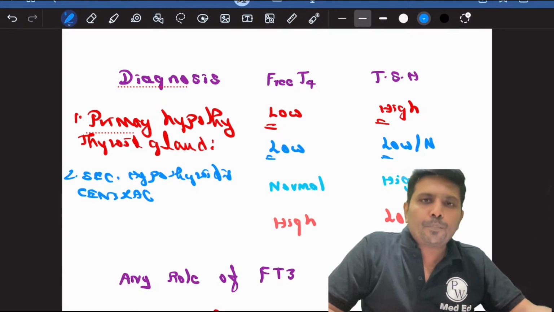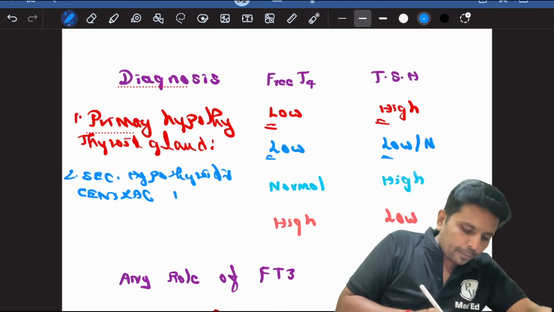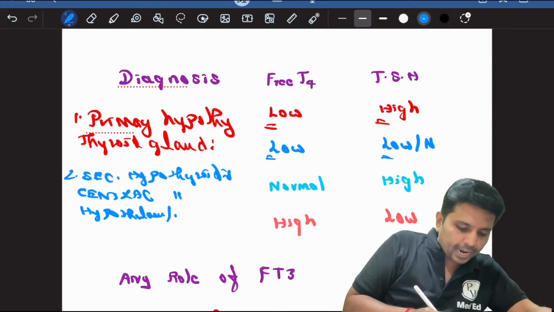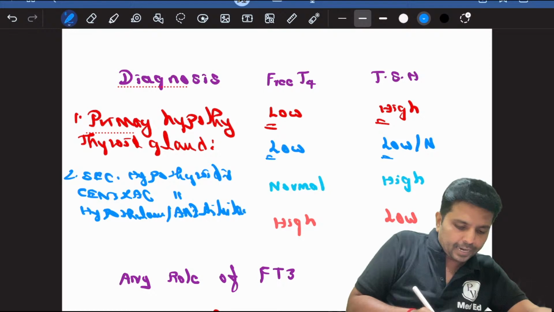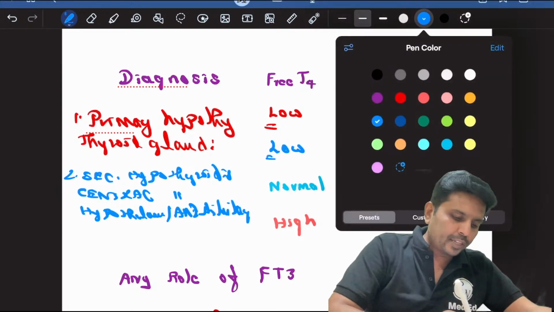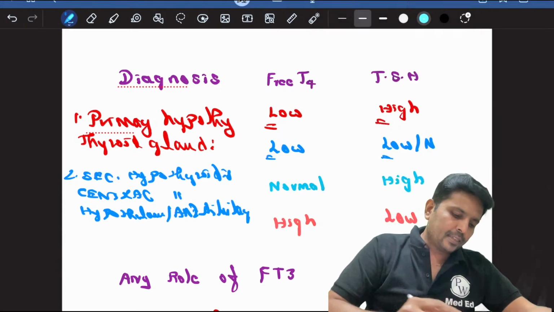TRH. So when both T4 and TSH are low, it is central hypothyroidism. The problem is in the hypothalamus or in the anterior pituitary. Second point. So then the third one.